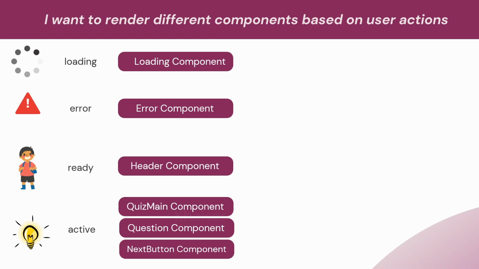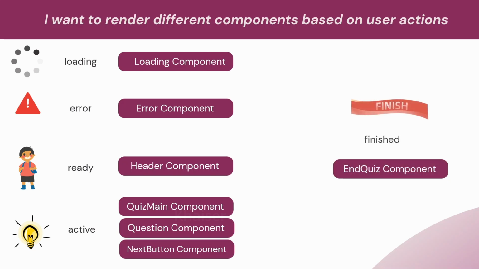Then I want to display my question component, and once I select the answer, then I have to display my next button. After that, if I am on the last question, then I want to display the finish button, and once it is finished, I just want to render this end quiz component.